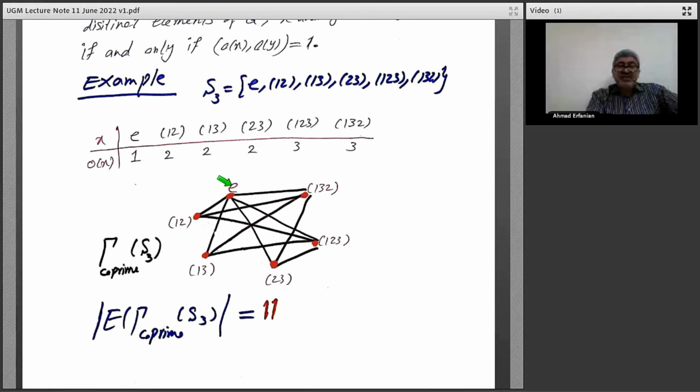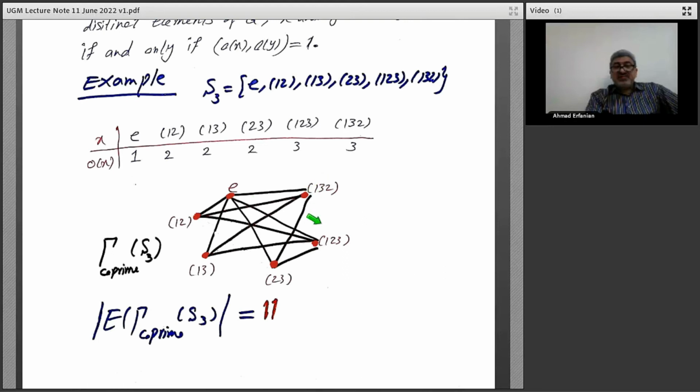Identity has order 1, (1 2), (1 3), and (2 3) have order 2, and (1 2 3) and (1 3 2) have order 3. So we have 6 vertices here. Now, identity has order 1, and 1 with any other integer is coprime, so identity is adjacent to all other vertices here.